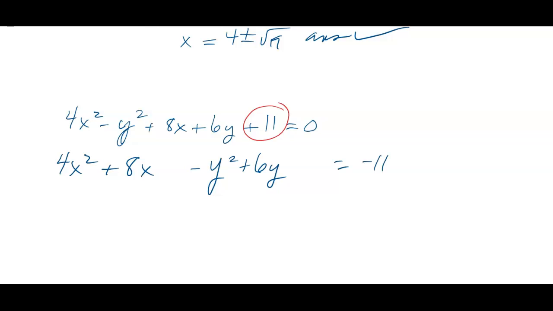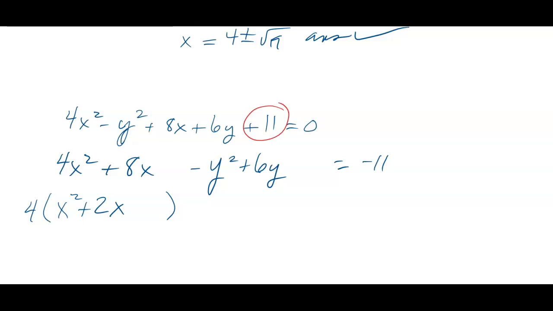Now, this gets a little trickier, obviously, when we're dealing with two variables. So the first thing you want to do before you do any completing is factor out, that should be a 4, because I factored out a 4. Leave a space.